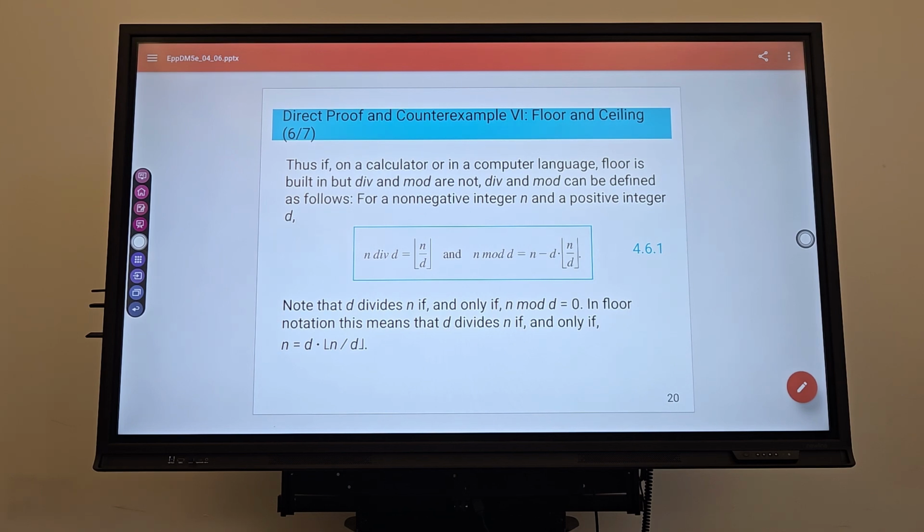For a non-negative integer n and a positive integer d, n div d equals the floor of n divided by d, and n mod d equals n minus d times the quantity n over d floored. Note that d divides n if and only if n mod d equals 0. In floor notation, this means that d divides n if and only if n equals d times the floor of n over d.